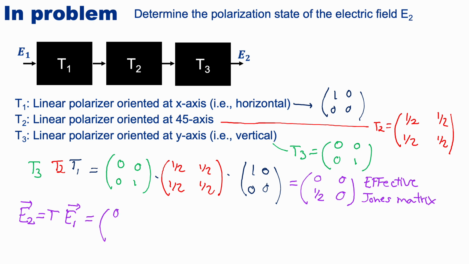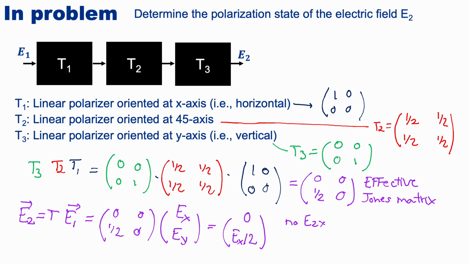And a priori, we don't know anything about our input, so we're just going to leave it with its x component and y component. Now we're going to see that the effective Jones matrix is only going to have one output component, so no x component. So that's going to be vertical linearly polarized.